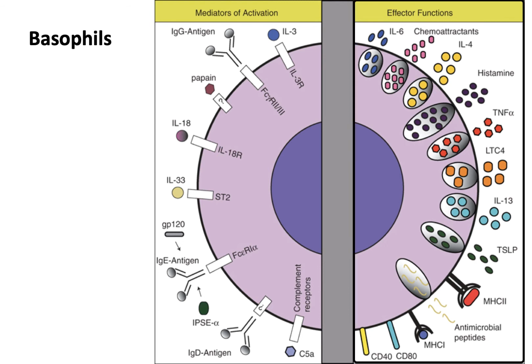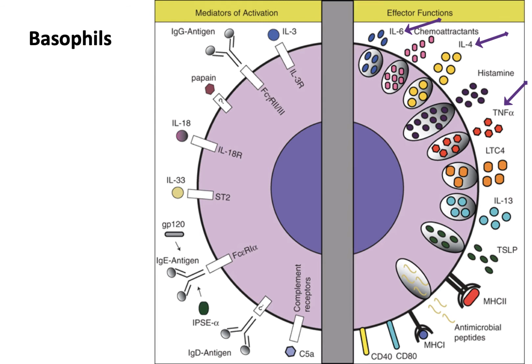Over here you have areas where they can release certain chemicals, cytokines primarily. So there's interleukin-6, interleukin-4, tumor necrosis factor also. They can also release histamines, as can the mast cells, so that will cause local inflammation. And there are other things.